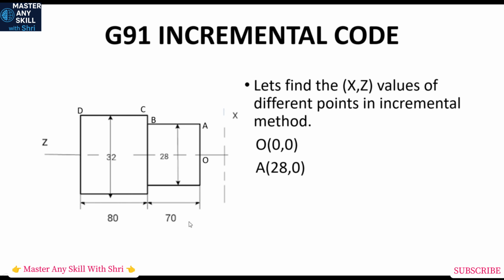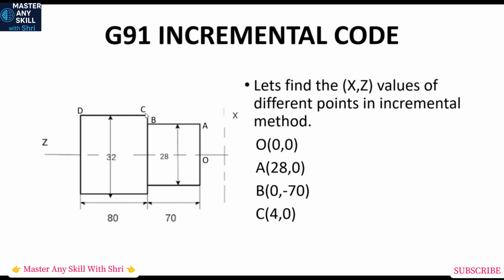So coordinates of B are 0 and minus 70. Now let's see C. How far did C move in X from B? That means how much diameter C moved from B. It's a total of 4 diameter. And C does not move any distance in Z from B, so Z is 0. So coordinates of C are 4 and 0.